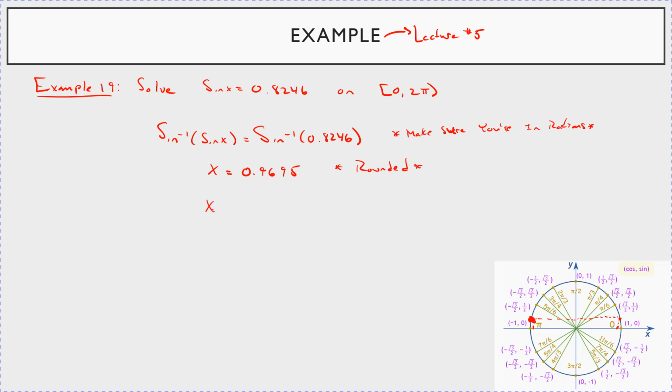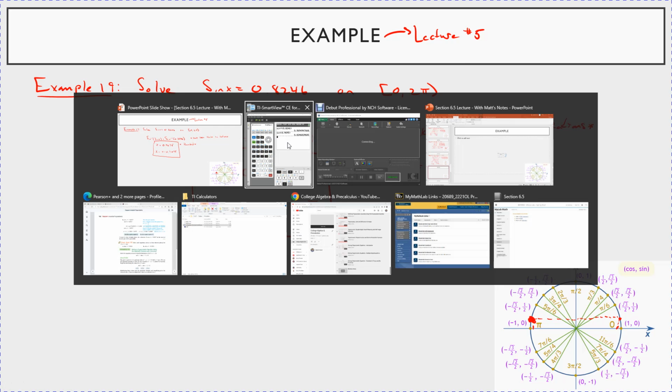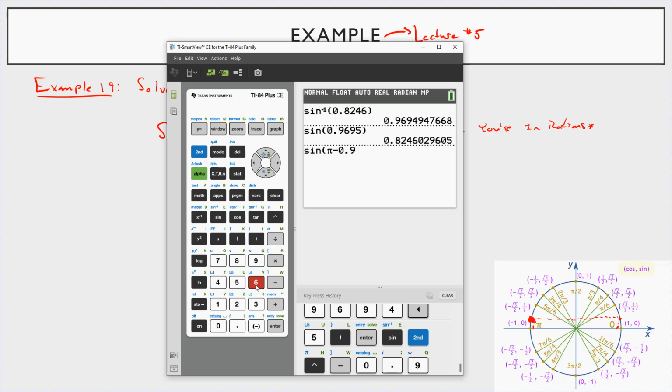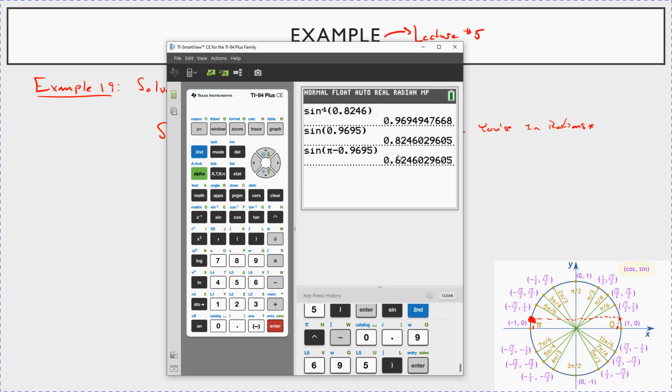So the next solution would be pi minus this value. Let me show you: if I take sine of pi minus 0.9695, I should get 0.8246. Yeah, I do. So you had to use the unit circle there and figure out how to find that value in radians.